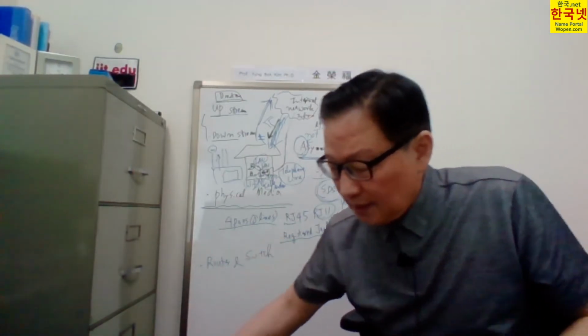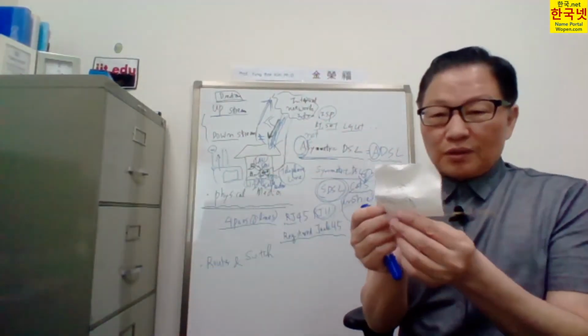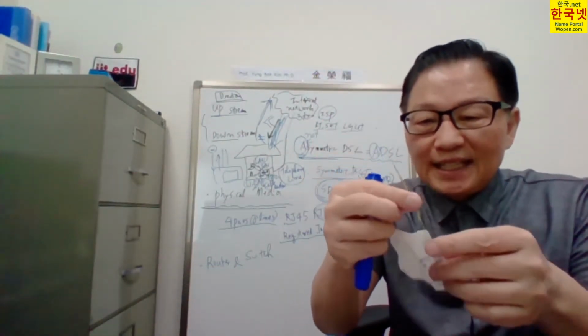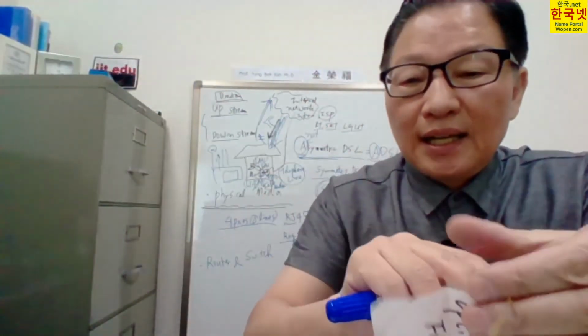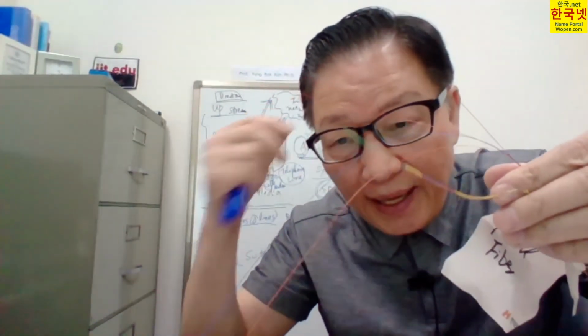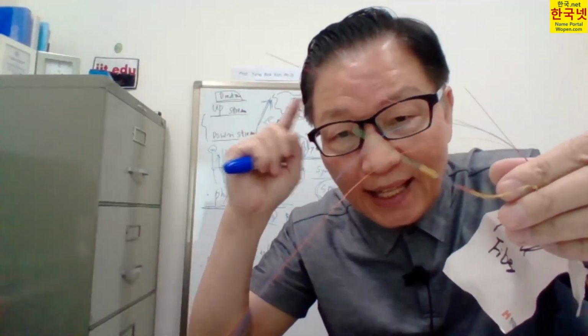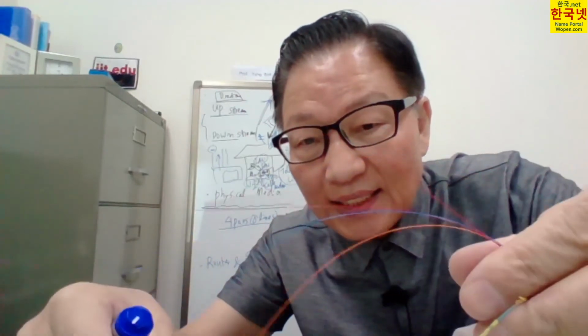Okay, another one. Instead of that, this is optical cable. This is so thin, thus it seems like hair. I brought another one here, like my hair, and dyed hair, that is colored hair, like this.